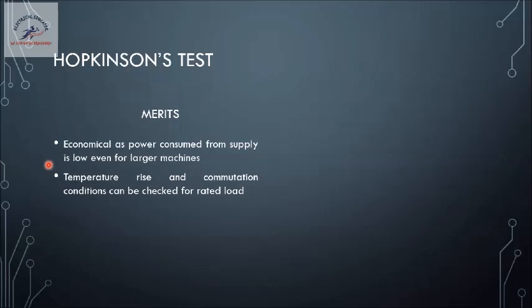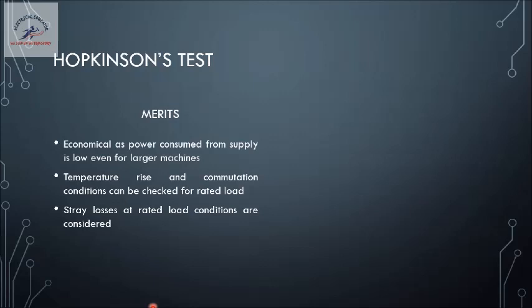So stray losses at rated load conditions are considered. Now we know that at a loaded condition, the value of current drawn for the motor as well as the generator is different. But we know how to calculate the stray loss. For any value of load current, we can calculate the actual stray loss by considering all the constraints.